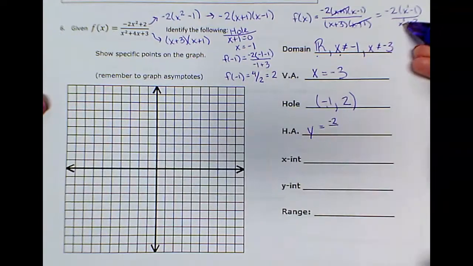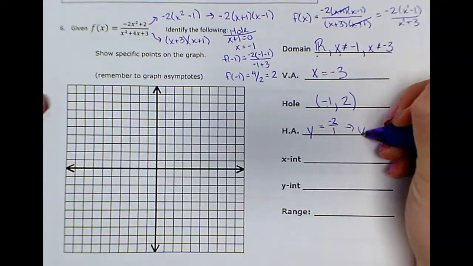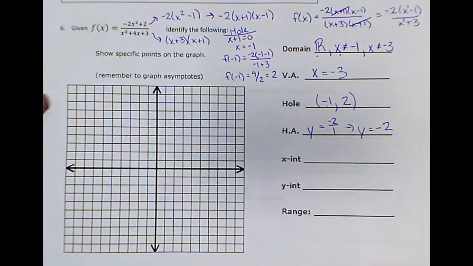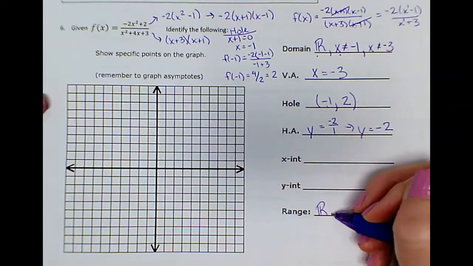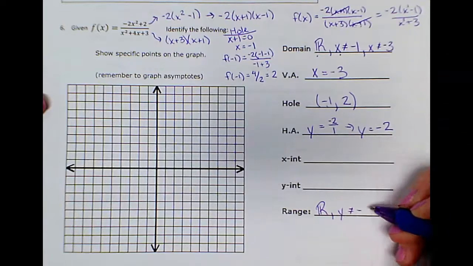The coefficient of x is 1. So this is y equals -2 for the horizontal asymptote. I'm going to skip the intercepts for right now because since I know my horizontal asymptote is at y equals -2, I'm going to write my range, which is all real numbers except the horizontal asymptote. Y can't be equal to -2.